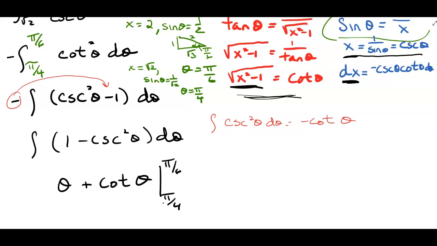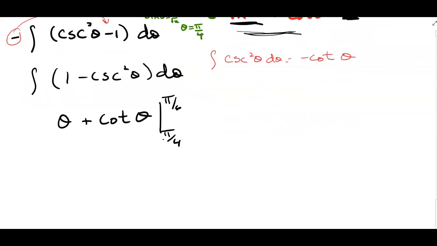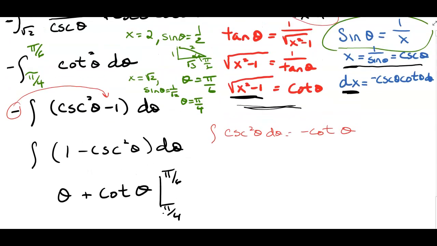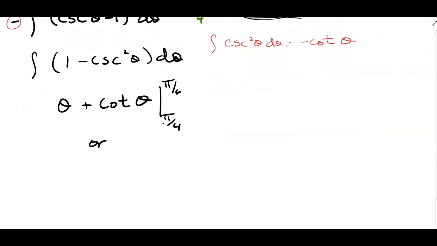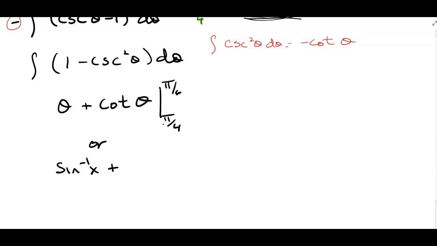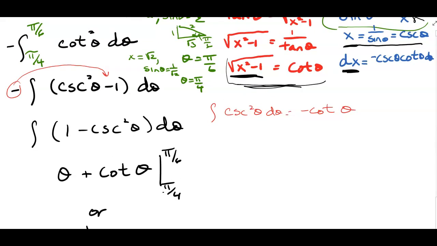The other option is to change it back to x's. So what does theta equal? If you look at this green here, theta would be sine inverse x. And what does cotan equal? That's right here.